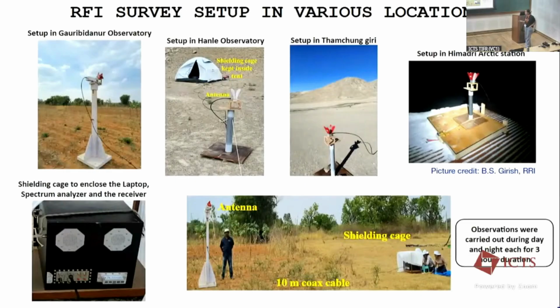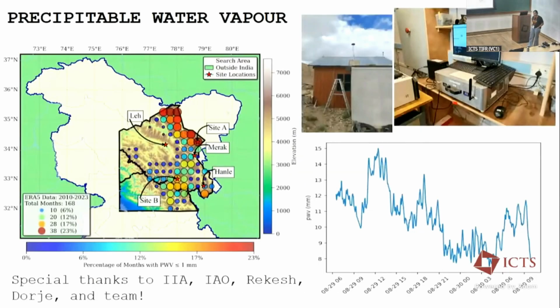Ladakh also helps because you have low amounts of water vapor in the sky, which starts becoming a problem at these frequencies. The higher in frequency you go, the atmosphere itself starts adding to your receiver noise. Water vapor is a factor that will start adding to our final system noise temperature.